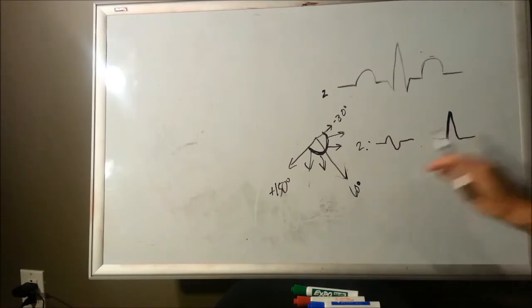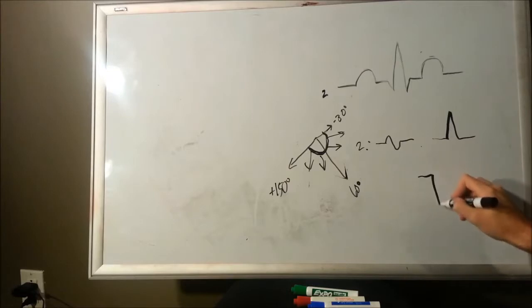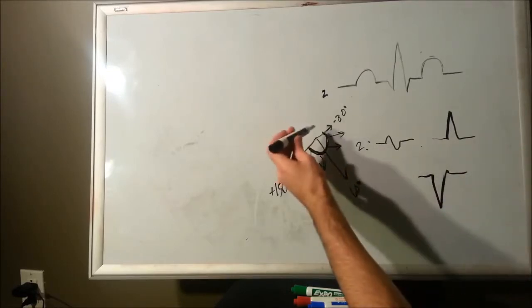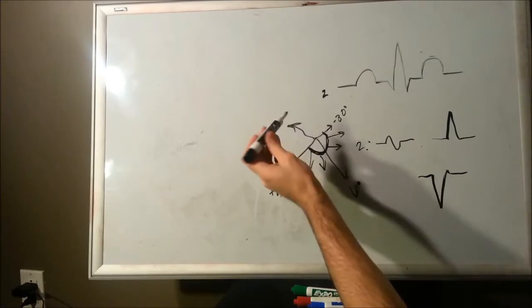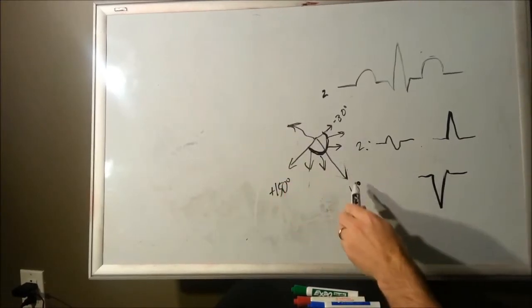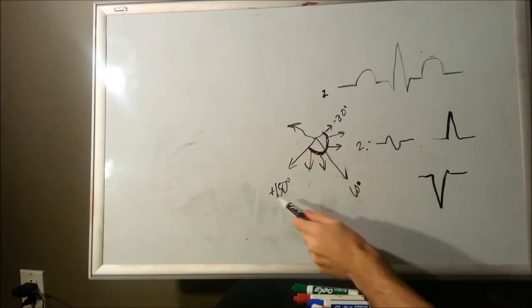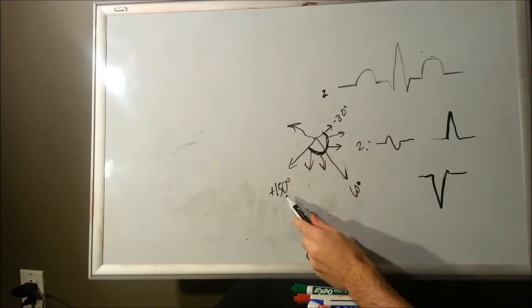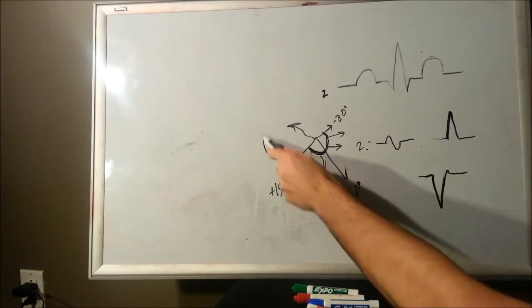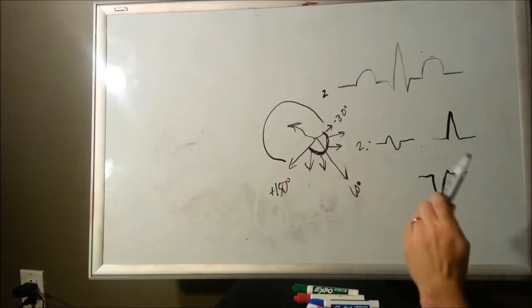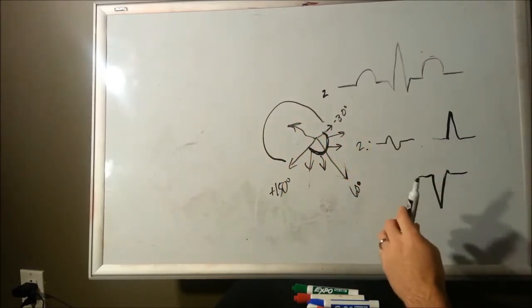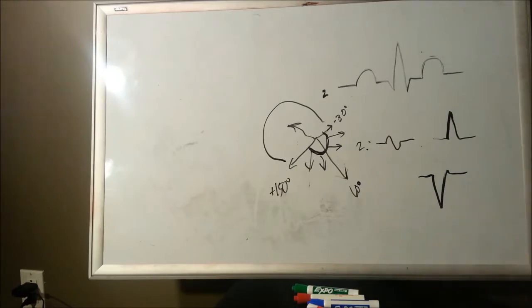Likewise, if you're given a lead 2 and you see a negative QRS, well, what does that actually tell you? It tells you that you have a vector force pointing somewhere opposite of 60 degrees. So you draw on your perpendicular line, you know that it's somewhere between positive 150 and negative 30.